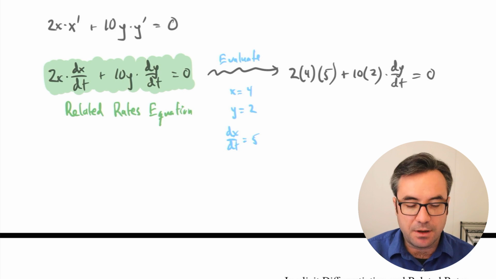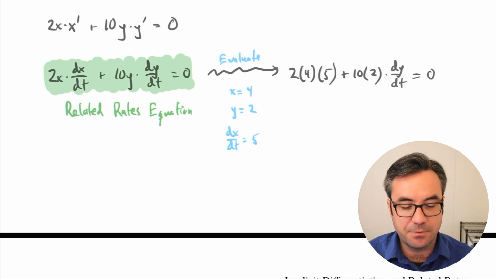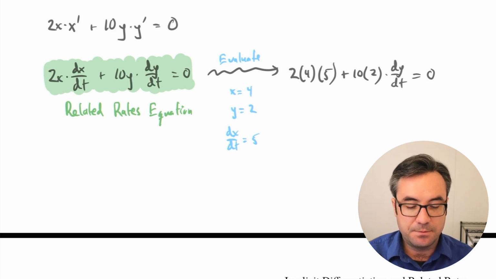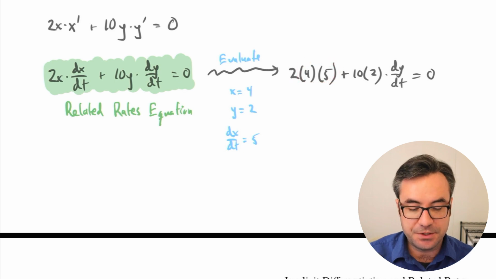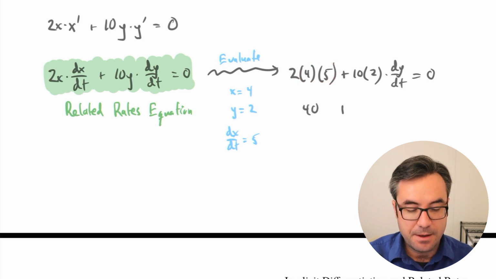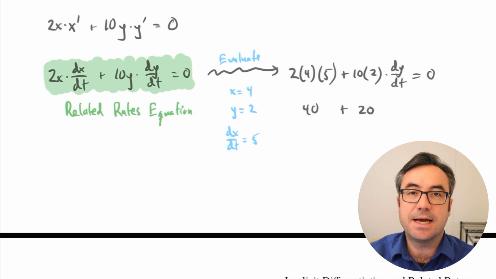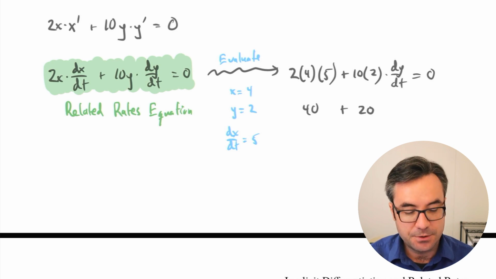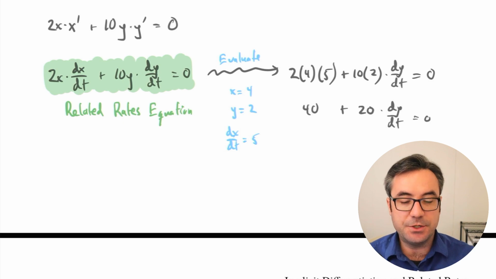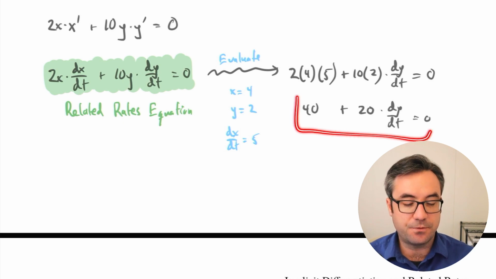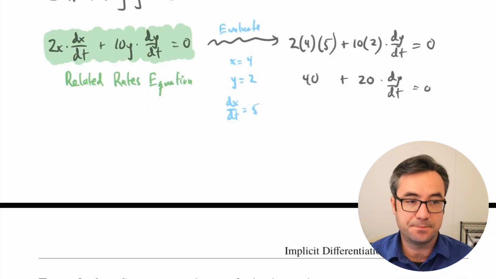Then we just clean up all the arithmetic. What do we end up with? Well, 2 times 4 times 5 is 40, and then we have 10 times 2 is 20, so we have 20 times dy dt. And then we just solve this equation for dy dt.